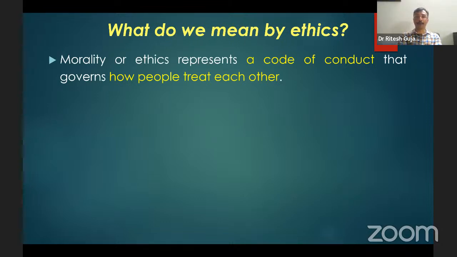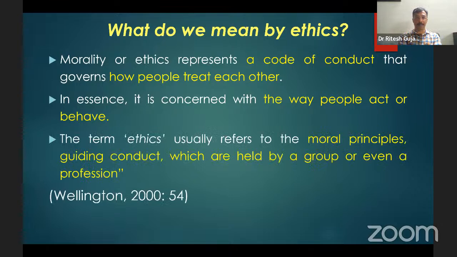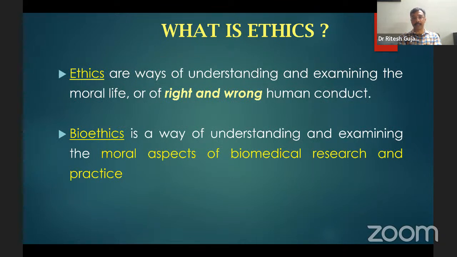It talks about a code of conduct, which helps people decide how we treat each other well, and how one person should behave with another in a justified manner. The term ethics usually refers to the moral principles or guiding conduct held by a group or even a profession. So even in the medical field, there are certain ethics that are mandatory and are to be followed by every medical researcher.